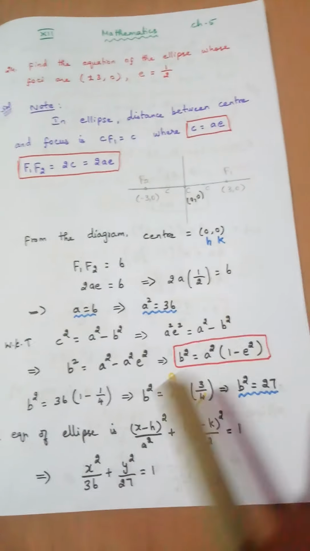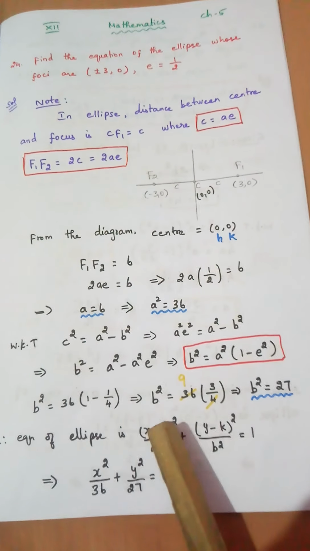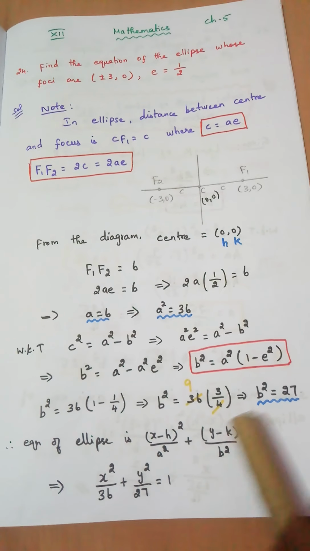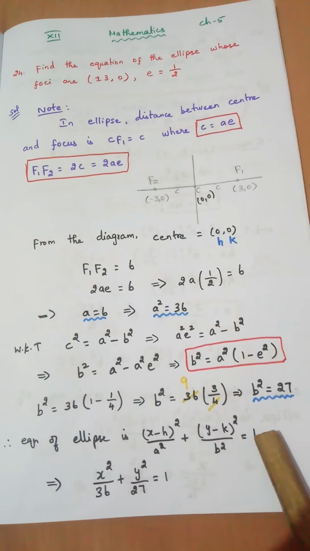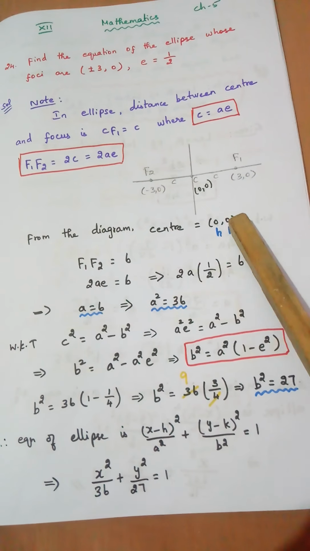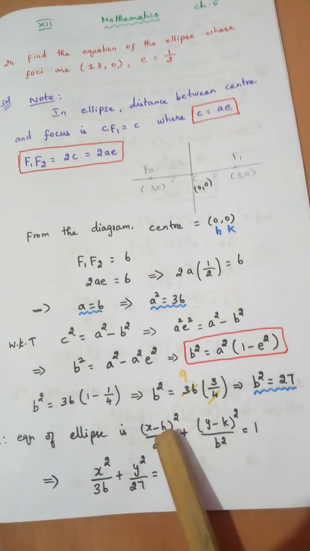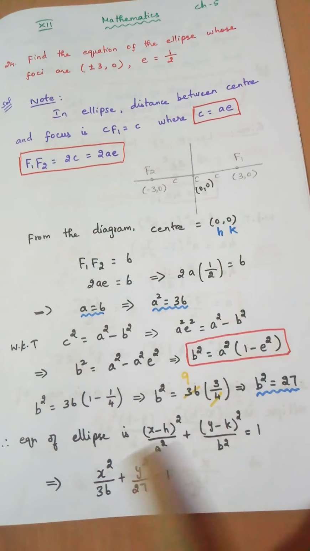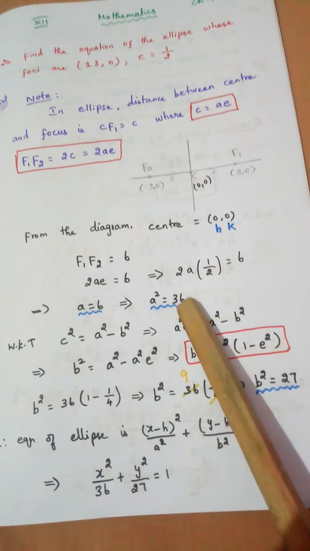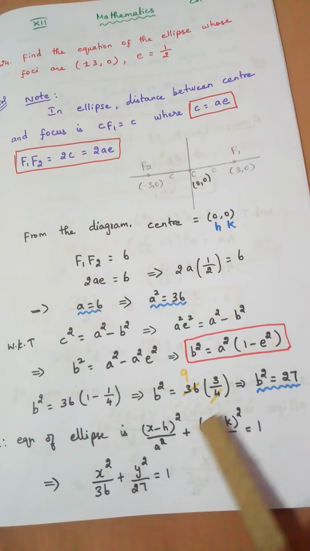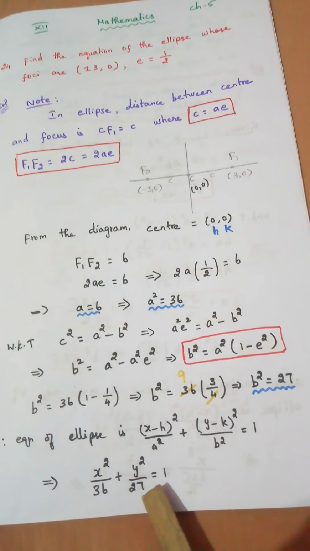So since the ellipse is in standard form, the equation of ellipse is given by x minus h whole square by a square plus y minus k whole square by b square equal to 1. What is h comma k? Center. Here the center is 0 comma 0. So in place of h put 0, in place of k put 0. This becomes x square by a square, we found a square as 36, plus y square, b square value is 27, equal to 1.